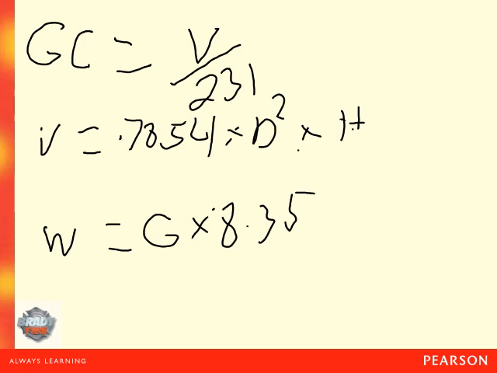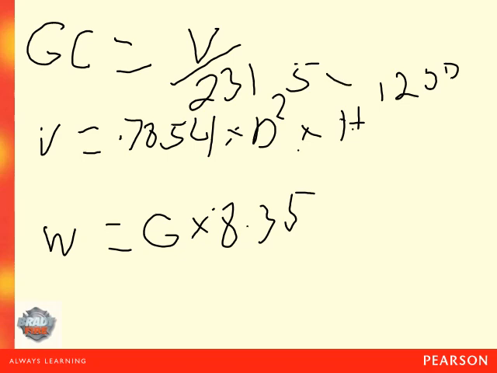So let's start out with our volume formula first. So that is going to be 0.7854 times the diameter squared, which was 5, because it was 5-inch hose, times the height, which was 100 feet of hose, and we want to change that to inches, so that's 1,200.